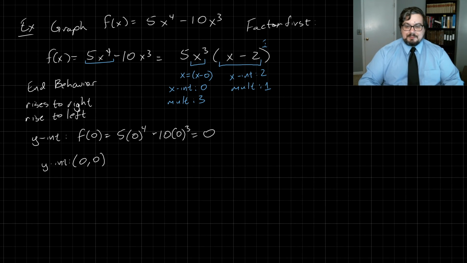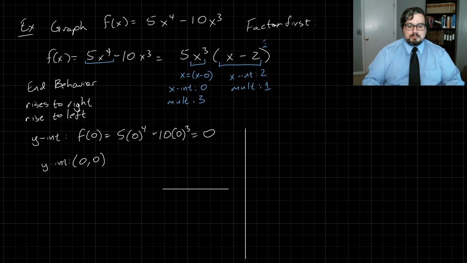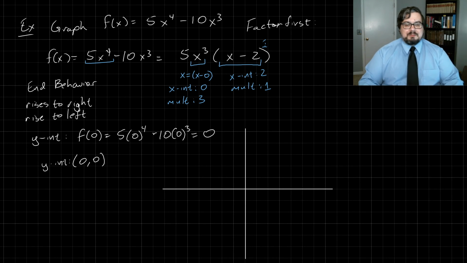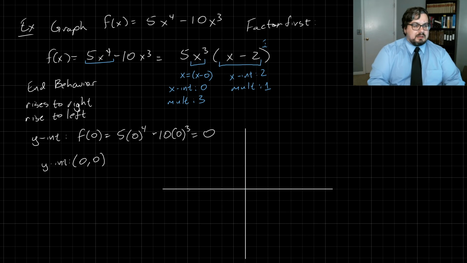So let's graph this function, and we'll see that in this case, we're really going to need an additional piece of information to really make sure that we've got a good idea of what this graph is doing. So let me go ahead and label. I've got 0. We'll go ahead and do 1, 2, 3, -1, -2, -3.